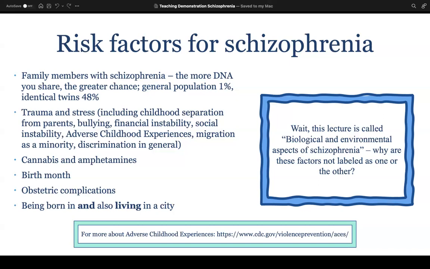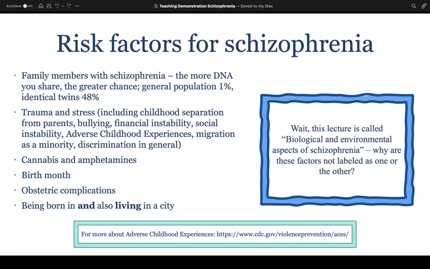However, if you are migrating from an African country to, say, England or the United States or the Netherlands or somewhere where the racial and ethnic makeup is quite different, then your risk goes up significantly. And in the research, what this ended up boiling down to was discrimination, and the experience of discrimination is the real risk factor here.